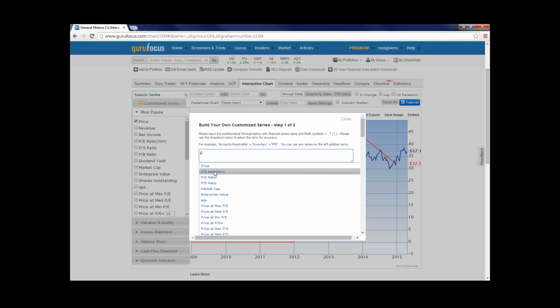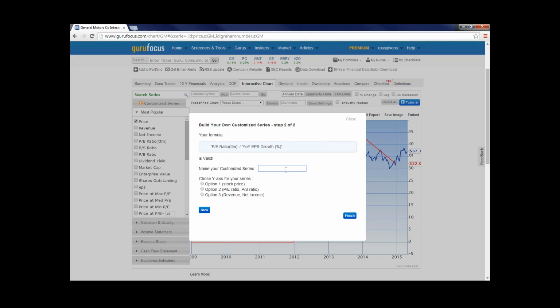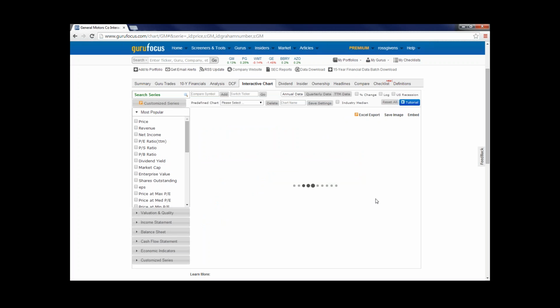So we're going to put our PE ratio divided by year-over-year earnings per share growth. We're going to name this the PEG ratio. Put it on option 2. Finish this up.